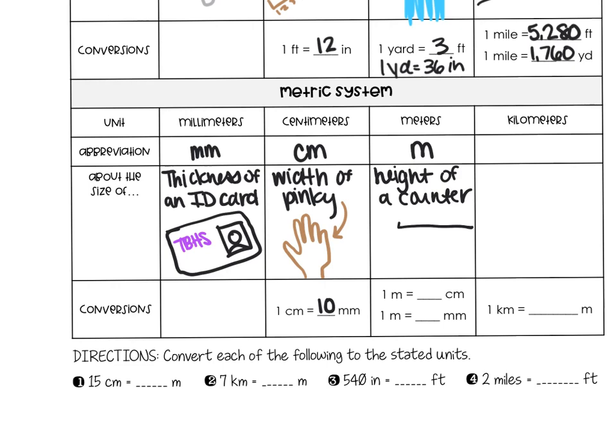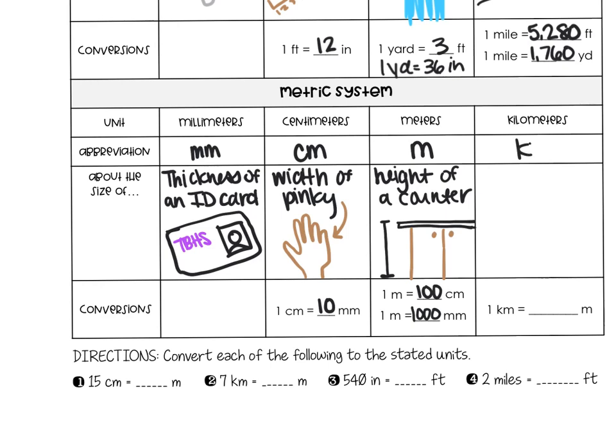If I have my counter, it's about how tall it is, right? 1 meter, and here's where it gets much easier to remember than customary or standard, is 100 centimeters. And it is going to be 1,000 millimeters. So it takes a lot more millimeters to make up that distance.